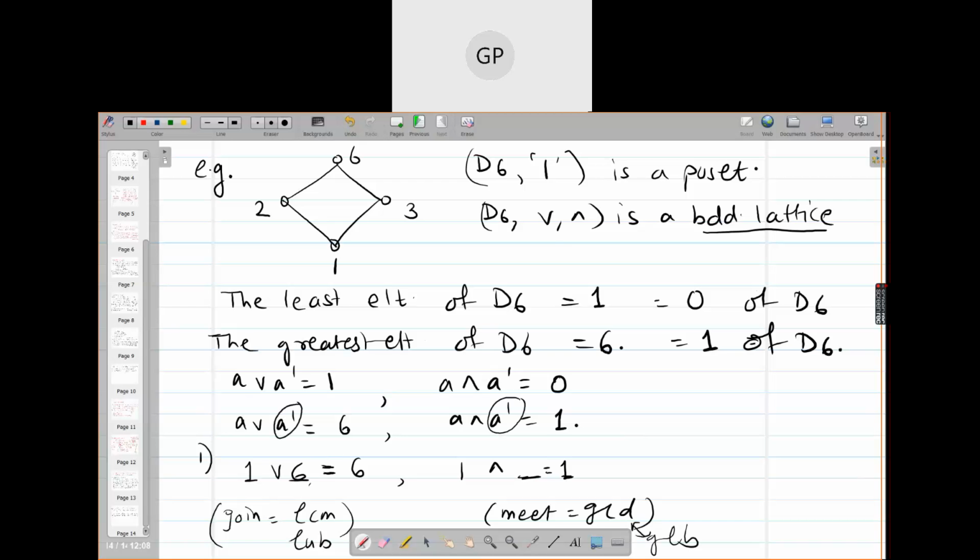If you have two different elements here and here, that is not allowed.